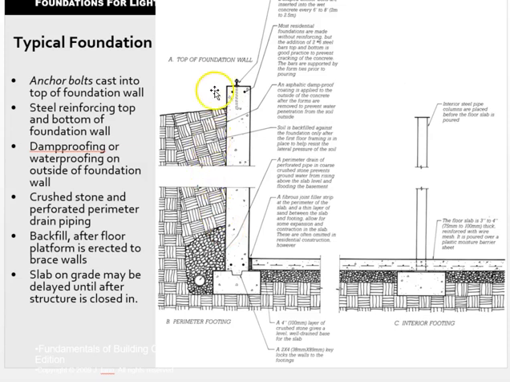So the idea is that the water that's coming down, the rain or the water that's coming from the roof drainage system is coming down here, and we want to shed it away from the foundation essentially. So hopefully it will find its way down here into the rock bed, and then the perforated pipes will take the water away, preferably to daylight if possible, but at least away from the footing.